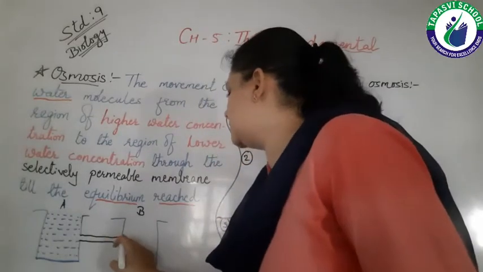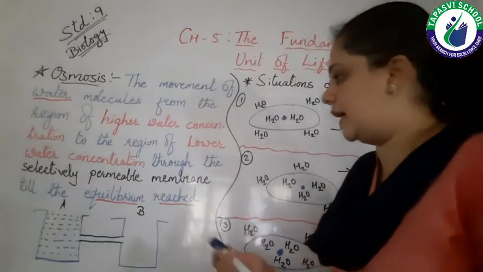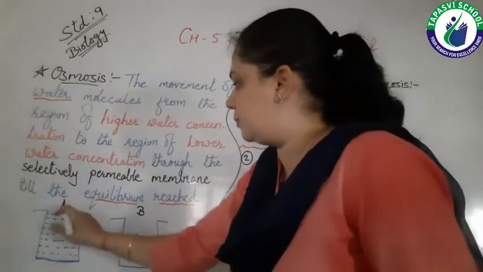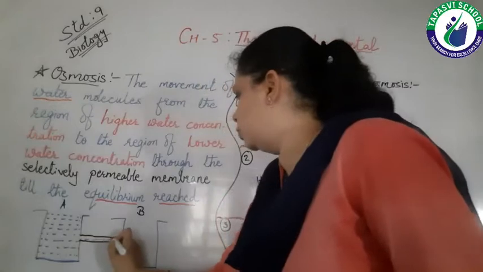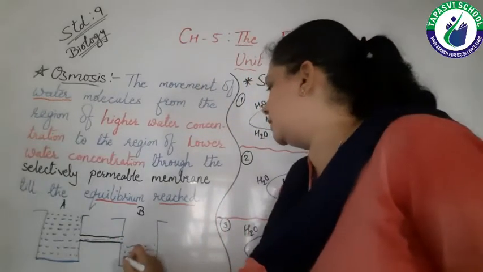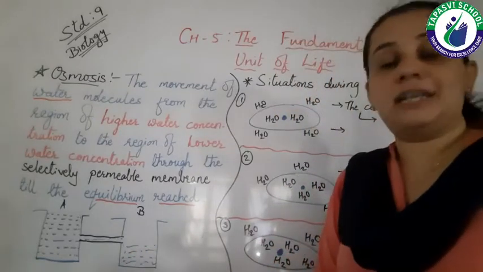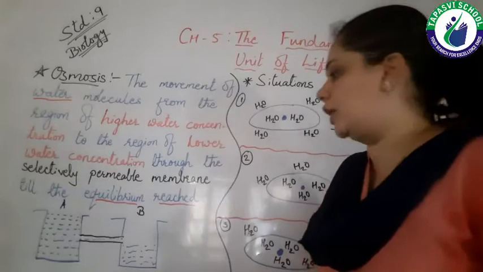So what happens? Can you imagine? Yes, you are right. The water from container A will move and container B will be filled with water. But till how long will it be filled with water?